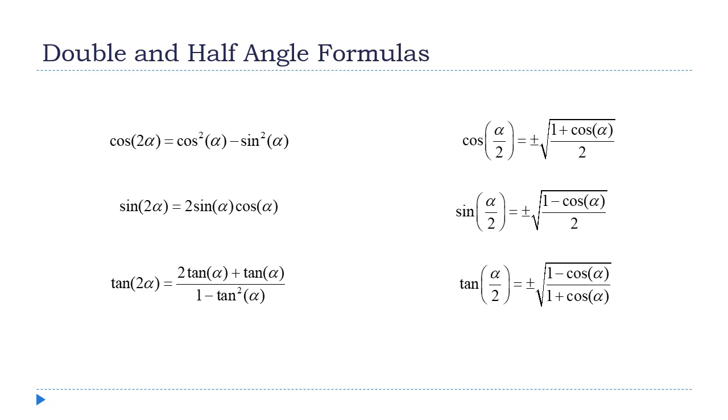But I've got the sine and tangent double angle formulas here for you. That sine one looks a little different from the cosine, but that's just how it works out. And you notice over here with the sines and cosines, the only difference is this sign here on the inside. Other than that, the formulas are identical.